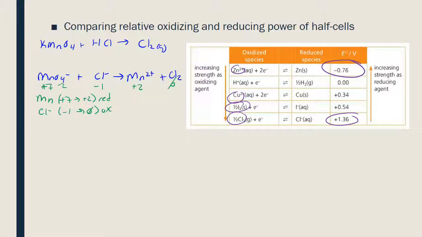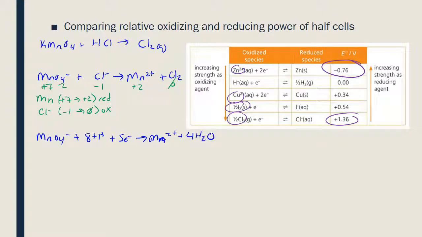All right, so go through and we're going to figure out what are these half reactions so we can pick out the correct E theta value from our data table. So MnO4 negative plus 8 hydrogens plus 5 electrons gives us Mn2 plus and 4 waters.